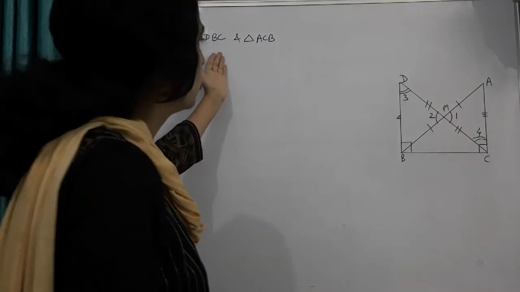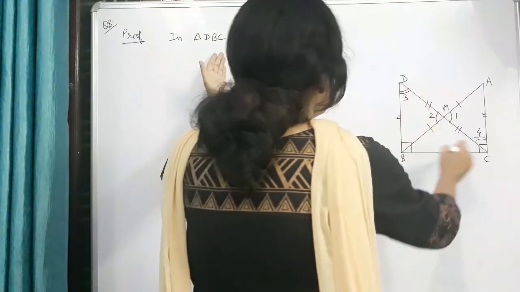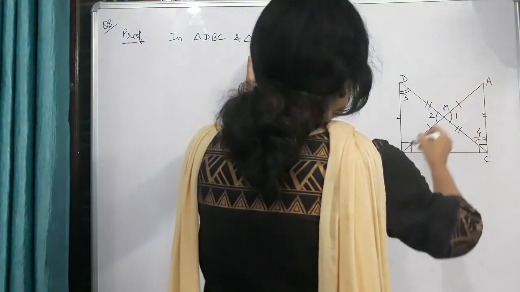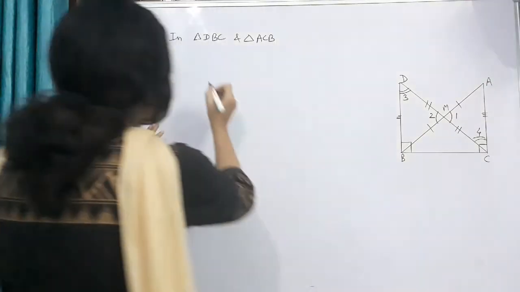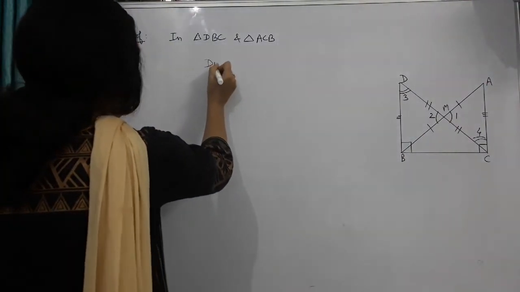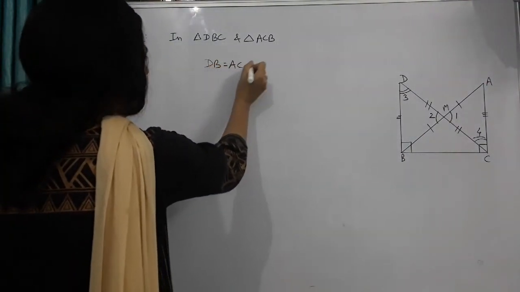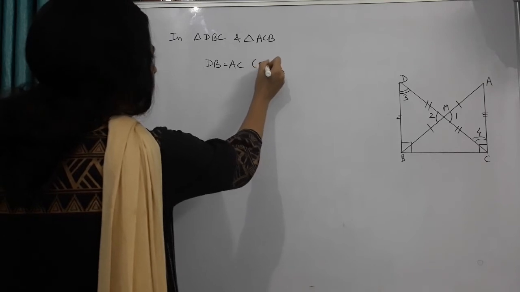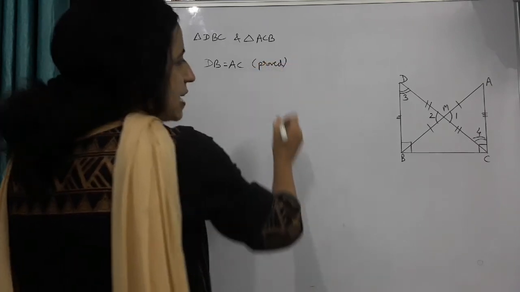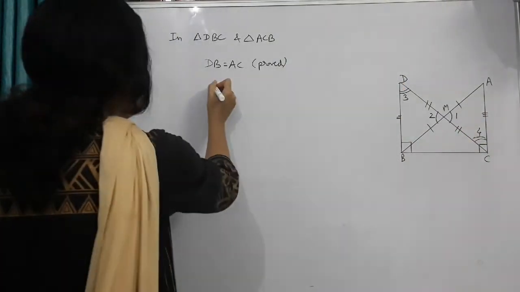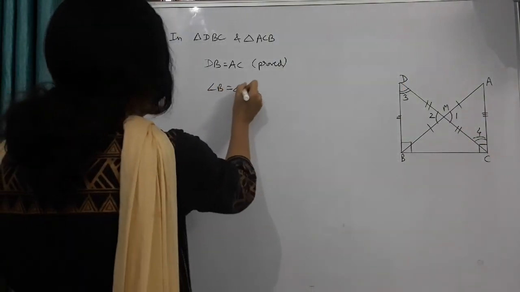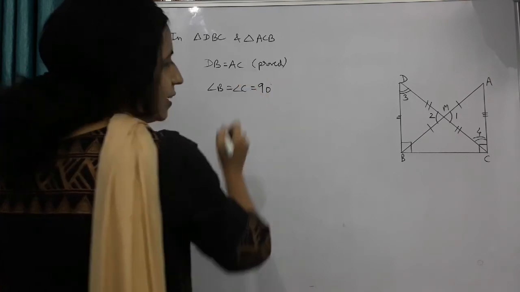Now we have to prove that triangle DBC is congruent to triangle ACB. Now in both these triangles we have DB is equal to AC. We had proved it earlier by CPCT. Angle B is equal to angle C, each of measure 90 degrees.